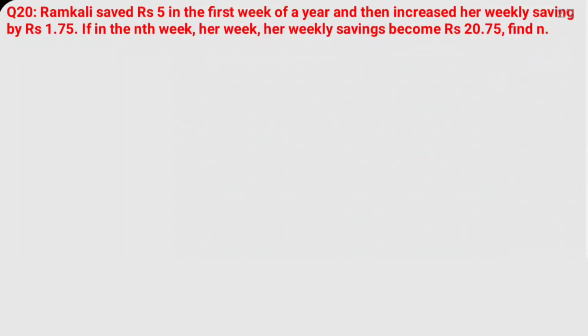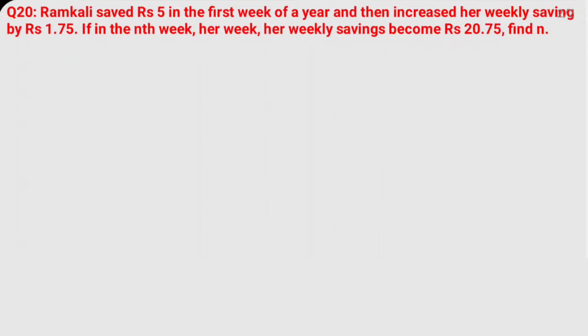Ramkali saved Rs 5 in the first week of the year and then increased her weekly saving by Rs 1.75. If in the nth week her weekly saving becomes Rs 20.75, find the n.